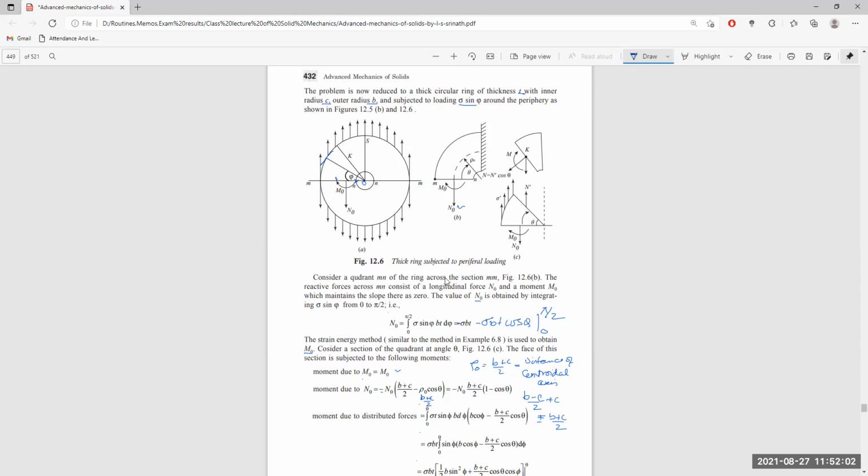Here it is the angle, and it is the radius, which is dependent on an angle theta.